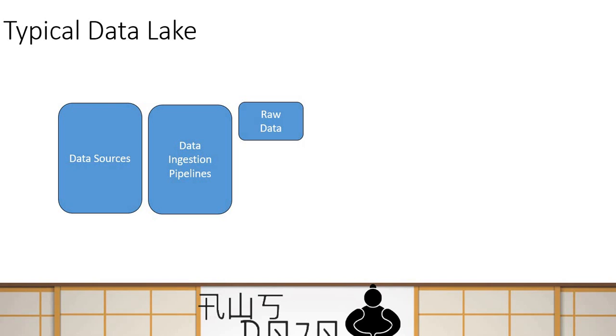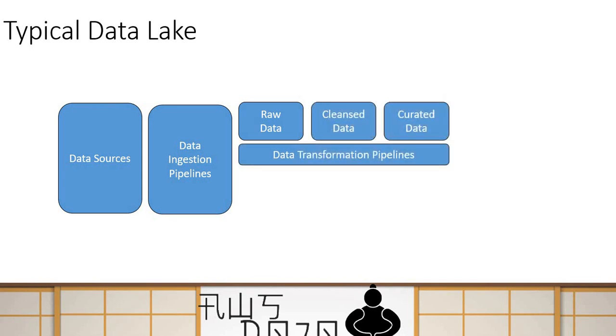And then once you have data in the raw data area, you write certain transformation pipelines, and these transformation pipelines are then responsible for turning this raw data into cleansed, and then also turning this cleansed data into curated.